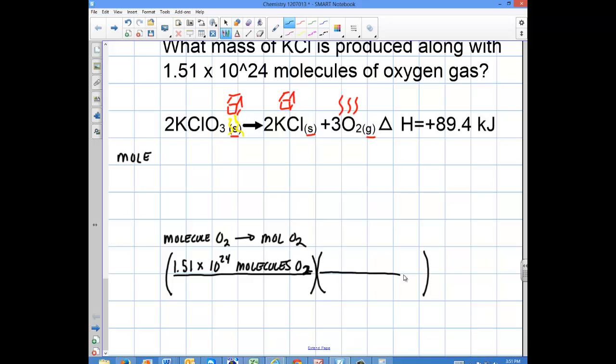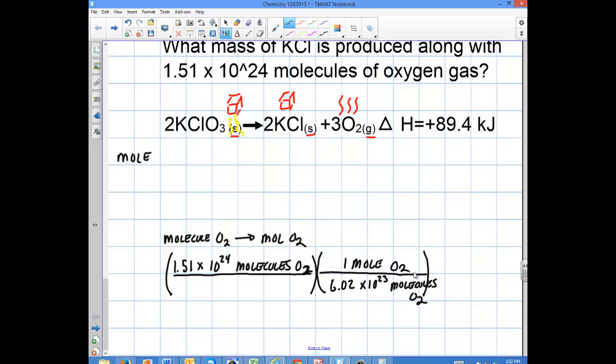That's a lot of eggs, right? If we ordered a mole of eggs, that would be a lot of eggs. The reason that number is so large is because that's the number of molecules or atoms that would need to be significant to be able to weigh them in grams. So we're going to have 6.02 times 10 to the 23rd molecules of O2 in 1 mole of O2.